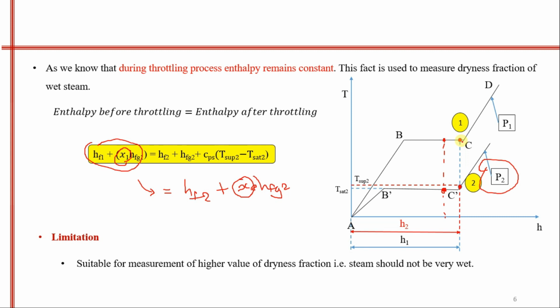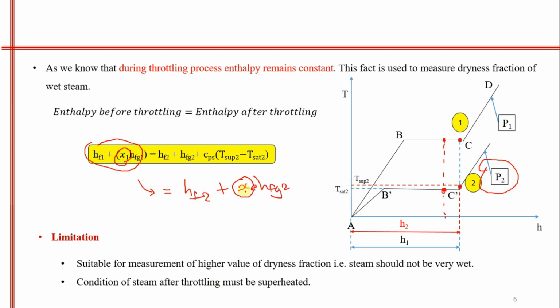After throttling it will fall into the superheated region corresponding to pressure P2, and the condition of steam after throttling must be superheated.